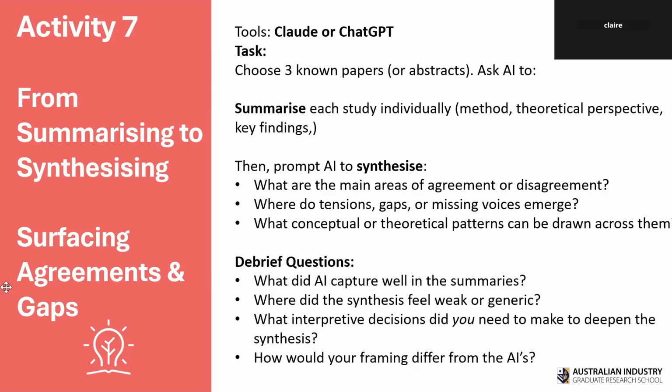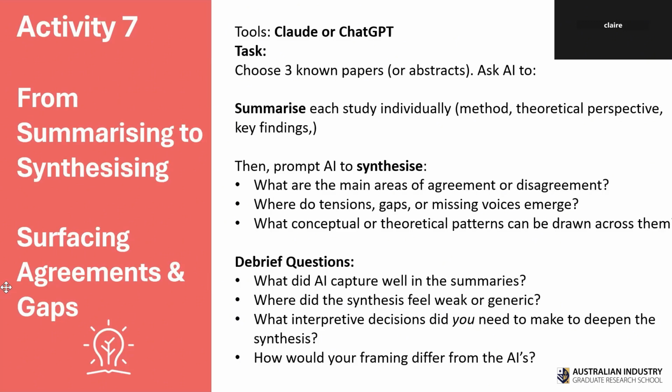And what conceptual or theoretical patterns can be drawn across the papers? So have a go with 3 papers that you know. Ask yourself, what did AI capture well in the summaries? Where did the synthesis feel weak or generic? What interpretive decisions did you need to make with the synthesis, and how would your framing be different?